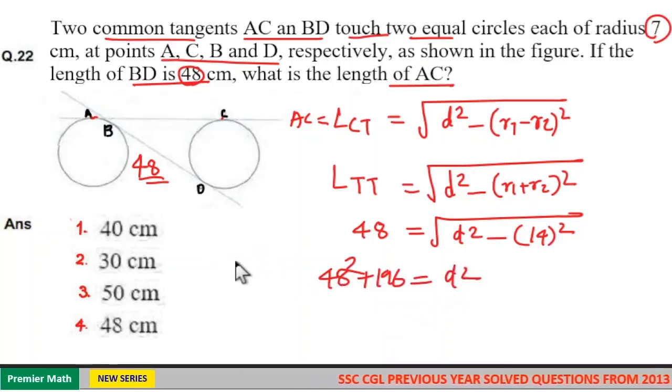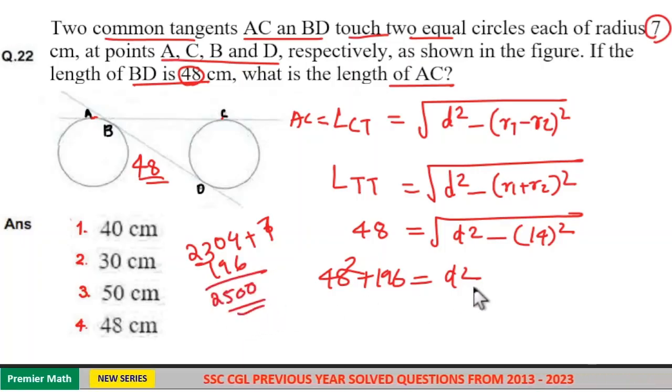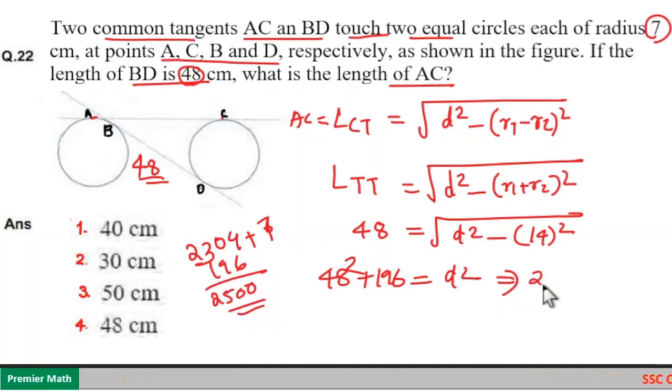Now 48 square is 2304. So 2304 plus 196 is equal to 2500, which means D square is 2500, so D is equal to 50.